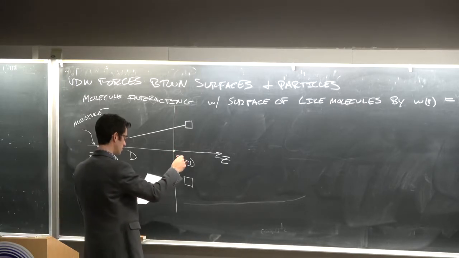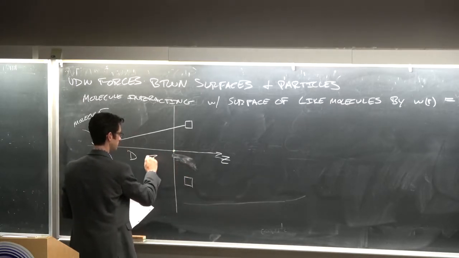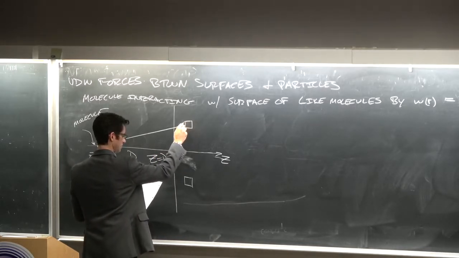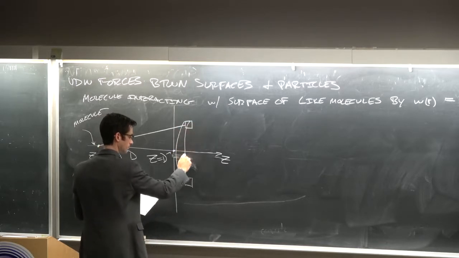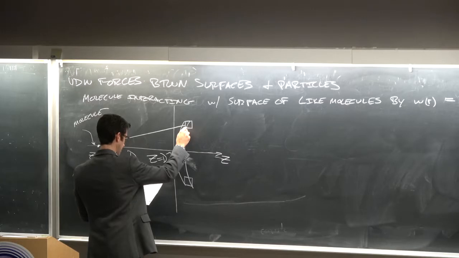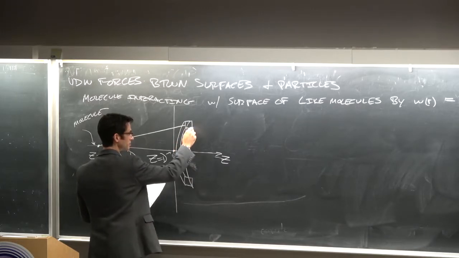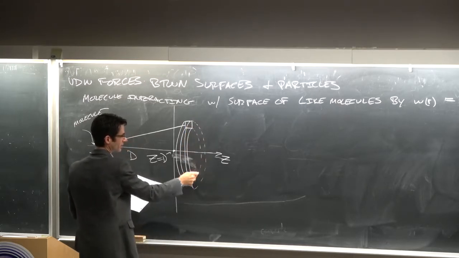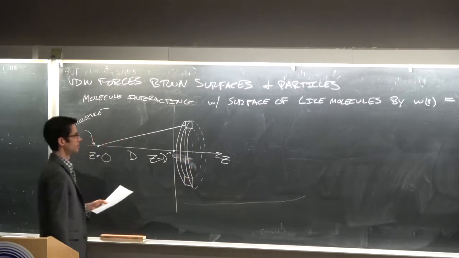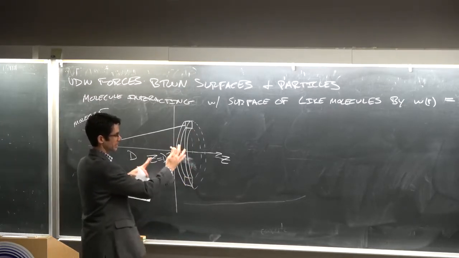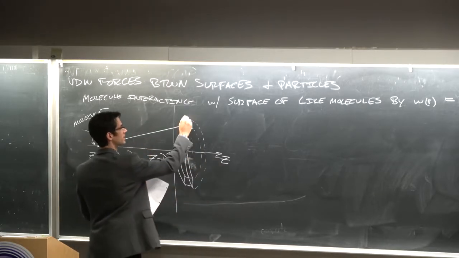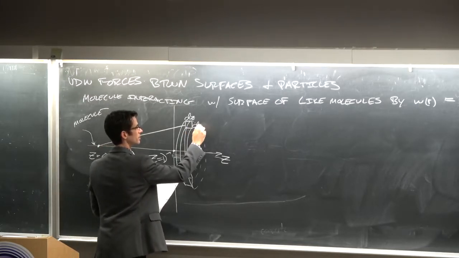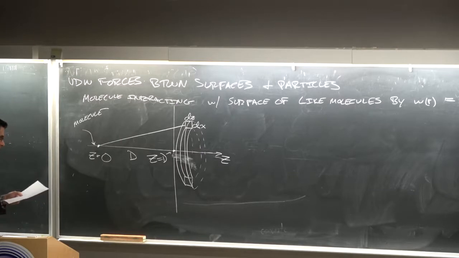So what do these annular rings look like? I'm going to have to ask you to use your imagination through my crappy artwork. But imagine that these are rings that go further into the surface, that have a square cross-section with area dz, dx.